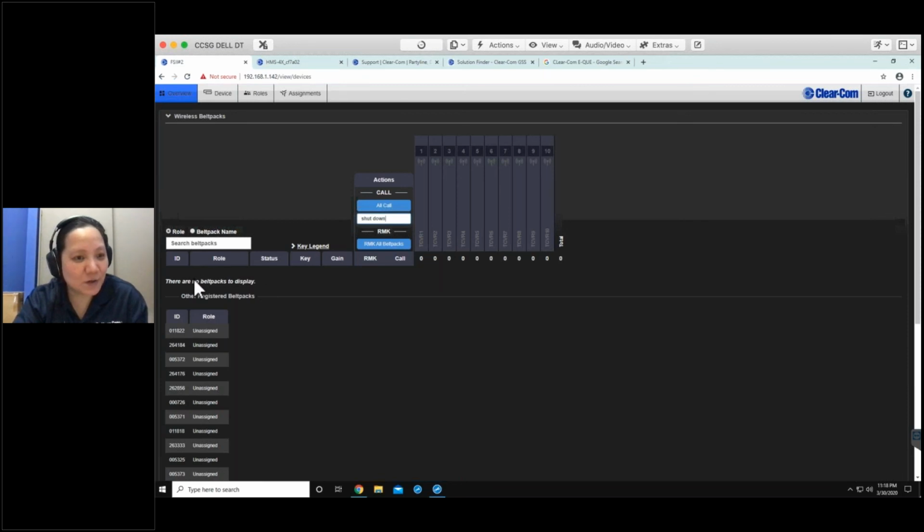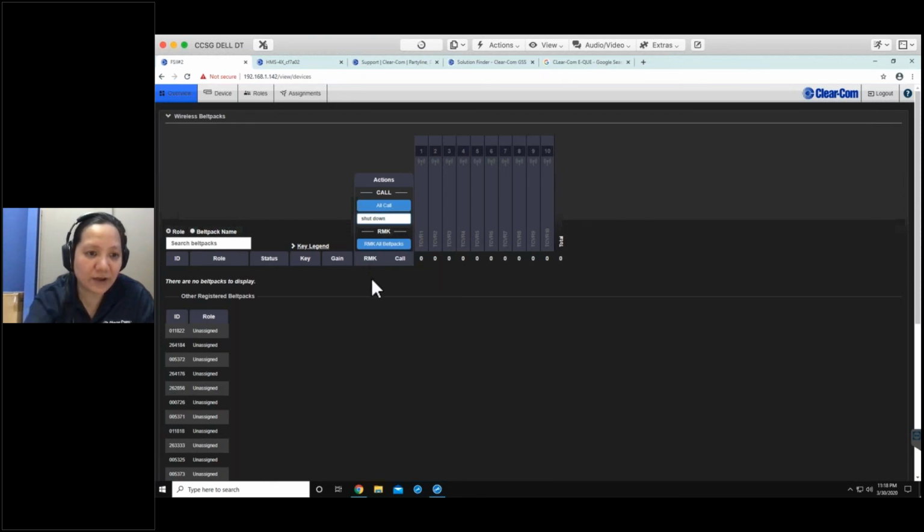Okay. So if you have any belt pack switched on, you could see them here by the belt pack ID, the row, the status, as well as, we'll get it set up the next time if we come back to this again, gain key showing all the 4 different ABCD as well as the master volume, which is a very good thing.